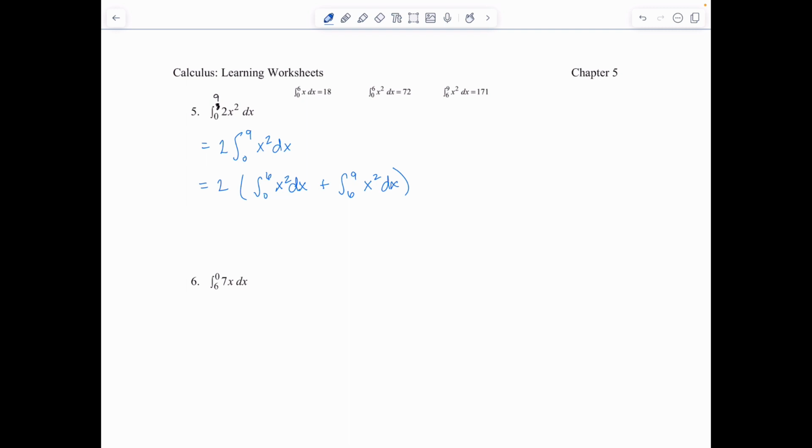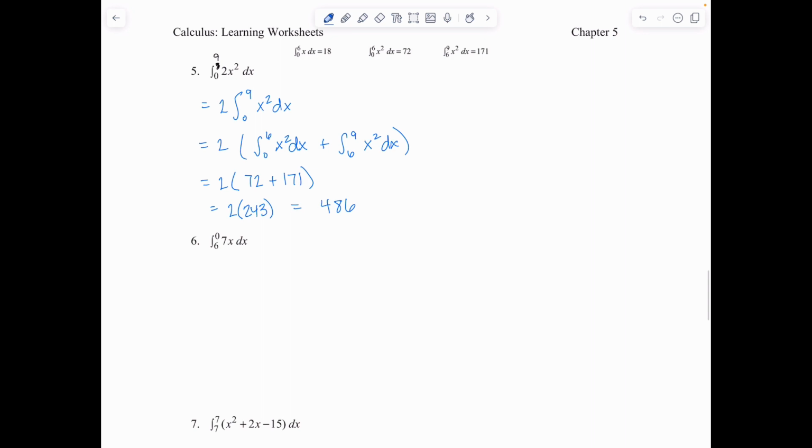Those are the ones we have values for, and it spans the whole interval from 0 to 9. So we have 2 times the integral from 0 to 6 of x squared dx, which is 72, and the integral from 6 to 9 of x squared dx, which is 171. This will give us 2 times 243, totaling 486.